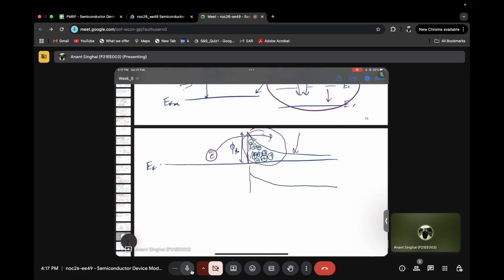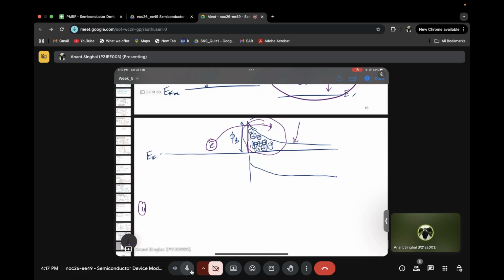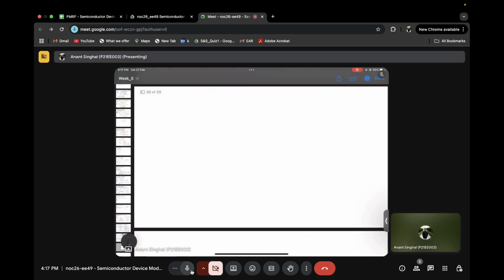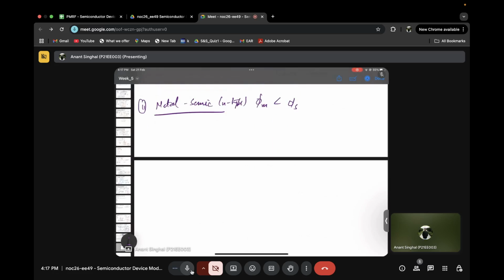So now, just to be clear, we can quickly take one more case when metal semiconductor is still n-type. But now what we'll do is we'll take phi m less than that of phi s. So what I'm trying to say now is, let's say this is vacuum, this is the Fermi of metal. So this is phi m, right?